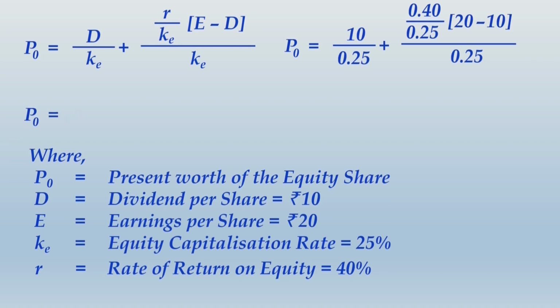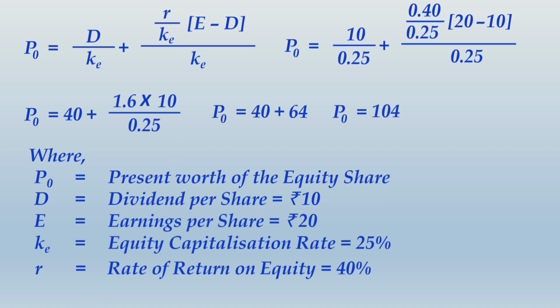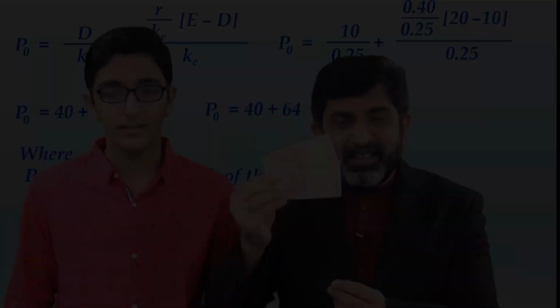When you apply this calculation, what you will get is 40 in the first term plus 1.6 into 10 divided by 0.25, that will be 40 plus 64, and finally it will be 104 as the value of share. This rupees 20 is basically earnings per share.